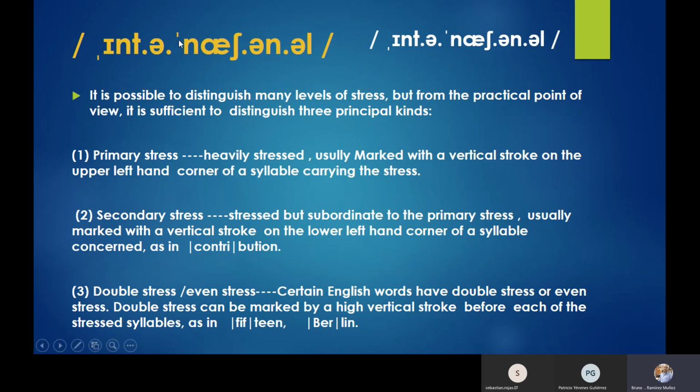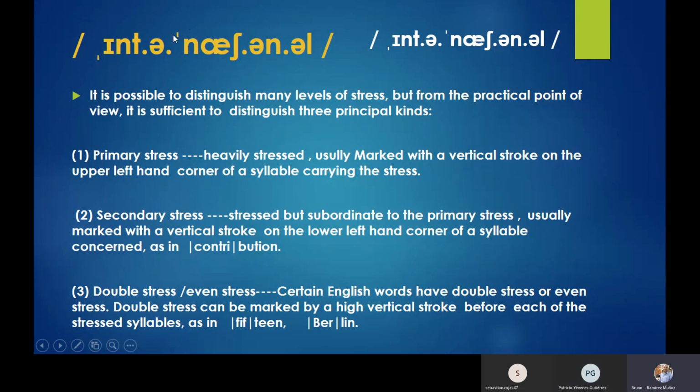If we see the example here, in yellow, which one do you think is the primary stress? I think that is placed in the third syllable. Nation. Perfect. Exactly.